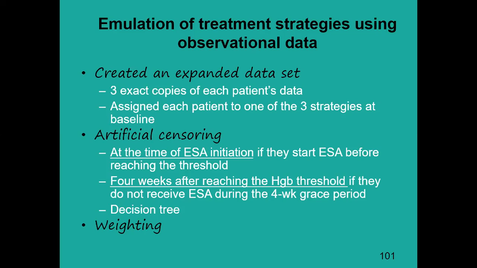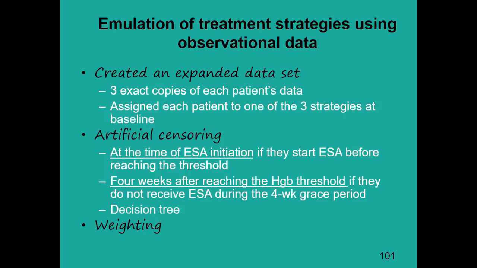And also, 4 weeks after reaching the hemoglobin threshold, meaning within the grace period, if they do not receive ESA, then, as you said, you're supposed to initiate the treatment strategy if it goes below, but if you don't, it's the opposite. You need to artificially censor at that time point.